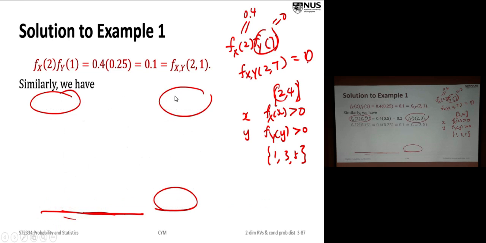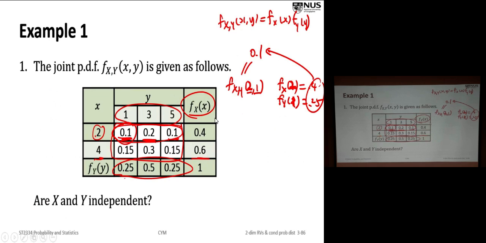So what does it mean? So basically you can look at it. Now, let's look at y. So the probability is 1/4, 1/2, 1/4, in the ratio 1 to 2 to 1. Now you look at when x equal to 2. The behavior of the probability is also in the ratio of 1 to 2 to 1.